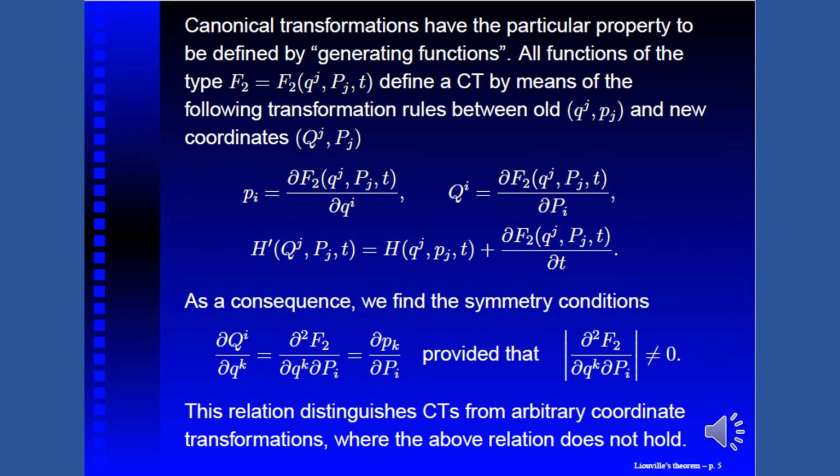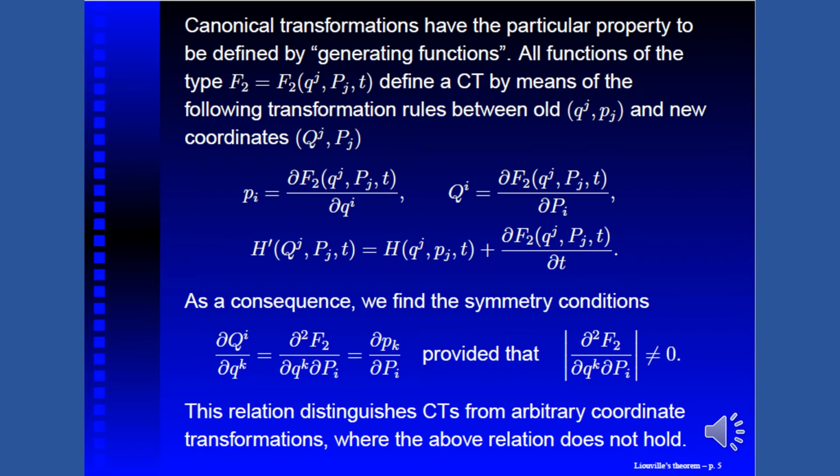And the new Hamiltonian H'(Qj, Pj, t) is equal to the old Hamiltonian H(qj, pj, t) plus partial F2(qj, Pj, t) over partial t.